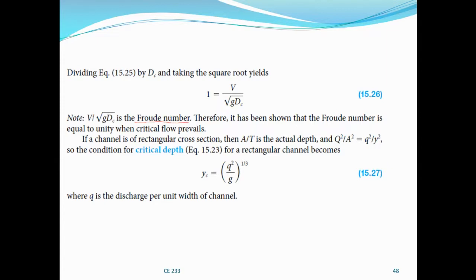So the Froude number is simply v over square root of gd, or gy. Therefore it is shown that the Froude number is equal to unity when critical flow prevails. It's equal to 1 for critical flow.